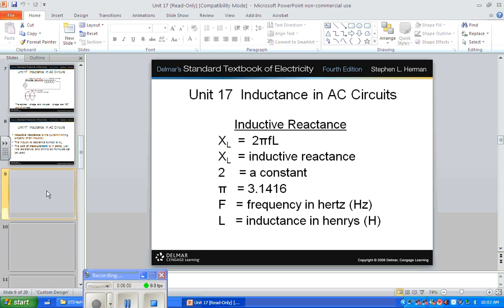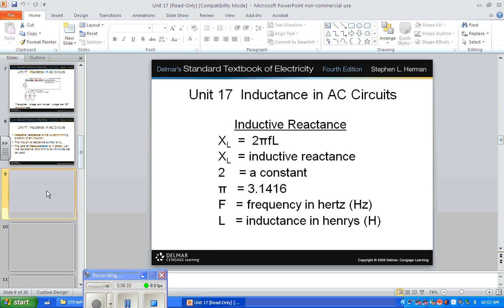So if we have an inductor that has a 12 ohm X sub L, because X sub L is in ohms, remember, how many henries is it? We'd take 12 divided by 377 is equal to L. So X sub L divided by 2 pi F is equal to L. Everybody agree with that?